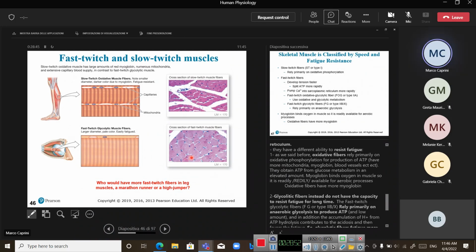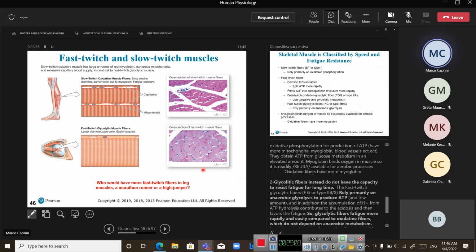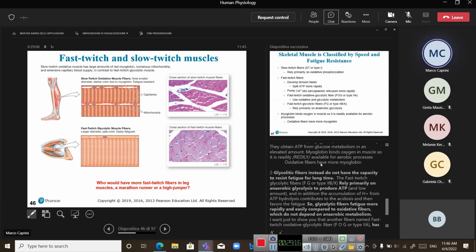And in addition, the accumulation of acidic H+ from the ATP hydrolysis contributes to the acidosis. And then the acidosis favors the fatigue phenomena. So glycolytic fibers fatigue more rapidly and easily compared to the oxidative fibers.